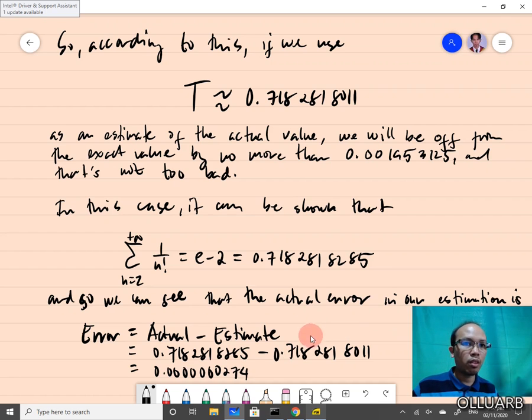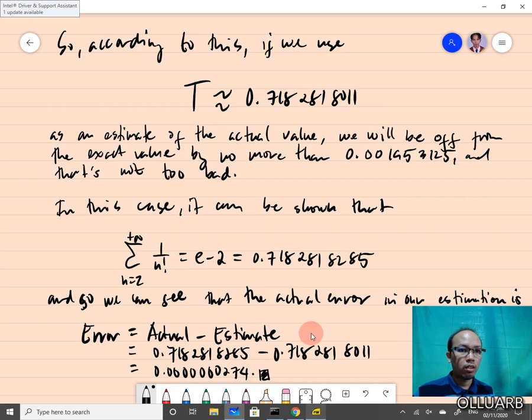That's how you are going to use the comparison test to show how you are going to estimate the value of the series. Okay, so of course it matters on the b sub n that you are going to use.